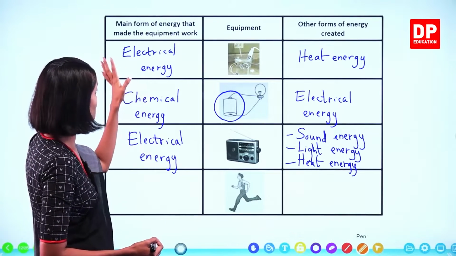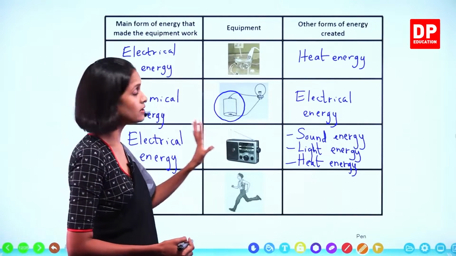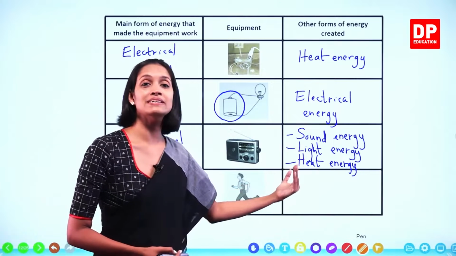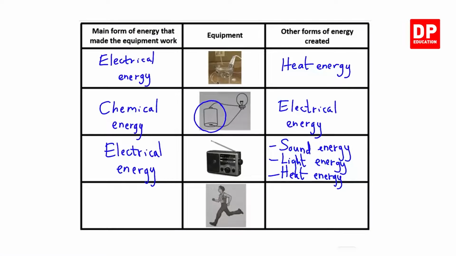Main form of energy that made the person run: chemical energy. Other forms of energy created, basically kinetic energy, right? Chemical energy and kinetic energy, because it's running.